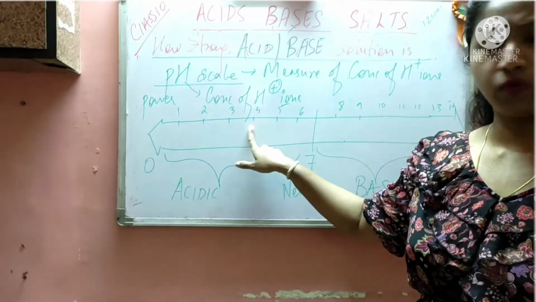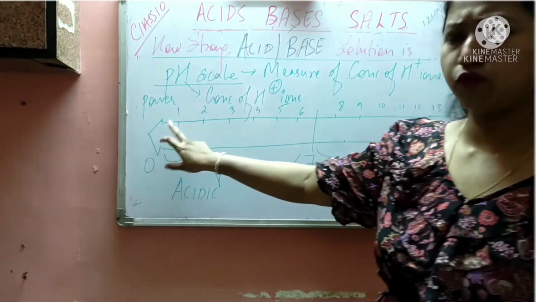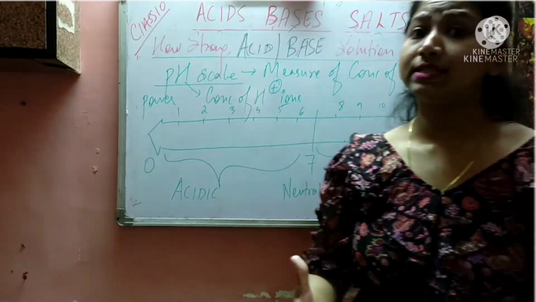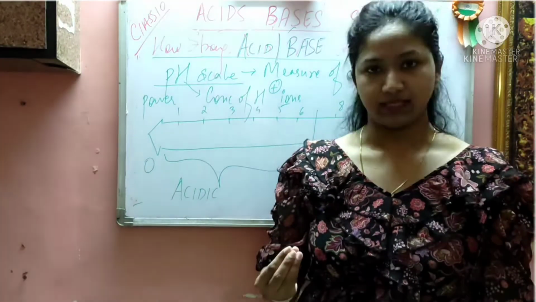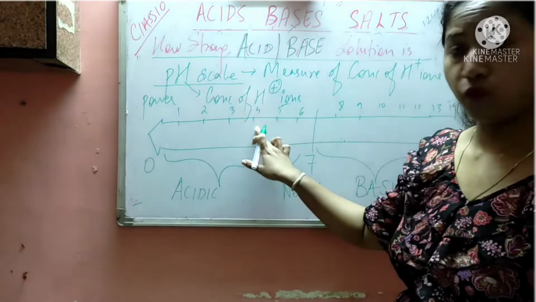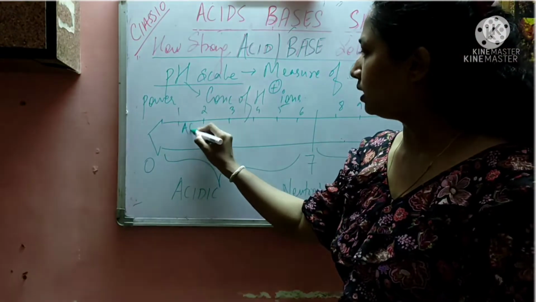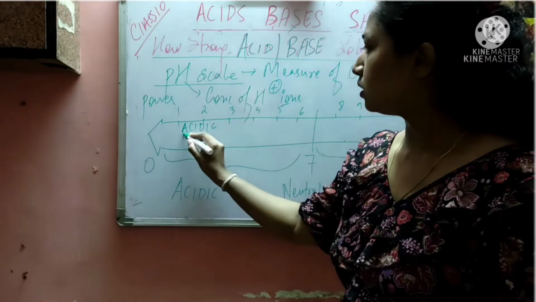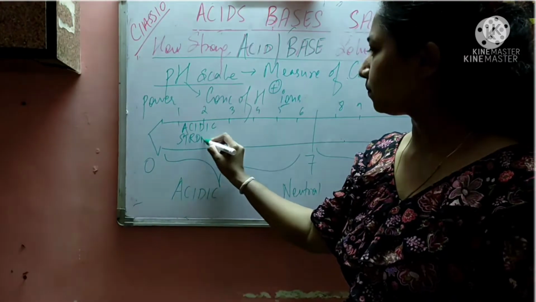Now also there is one important thing: if you get the pH value from 1 to 4, then that solution is highly acidic. If your pH value is from 1 to 4, then you say that the particular solution is strongly acidic.